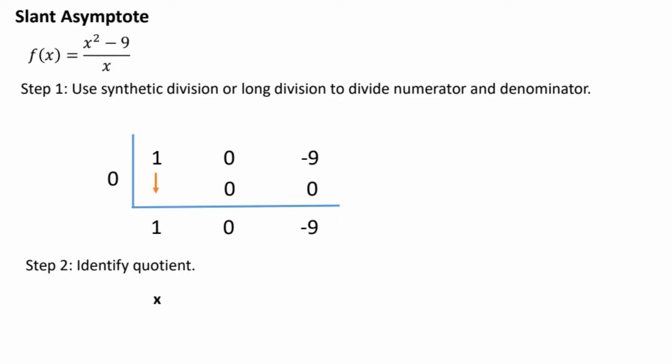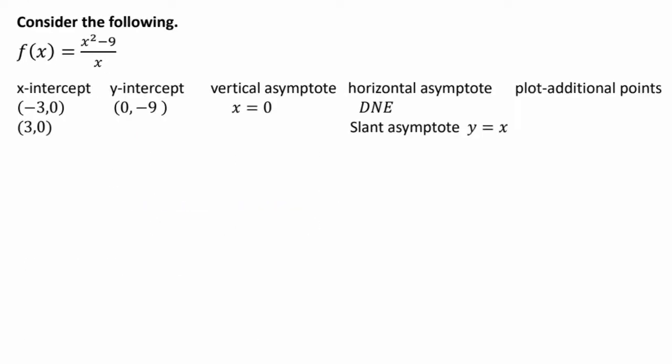Again, I started with a quadratic, so my first term is linear, it's just the 1. I don't have a constant, and this is my remainder, but I'm not interested in my remainder. I'm just interested in the quotient. So again, the slant asymptote for this is y equals x. Okay, let's go ahead and plot some additional points to see what the graph of this looks like.